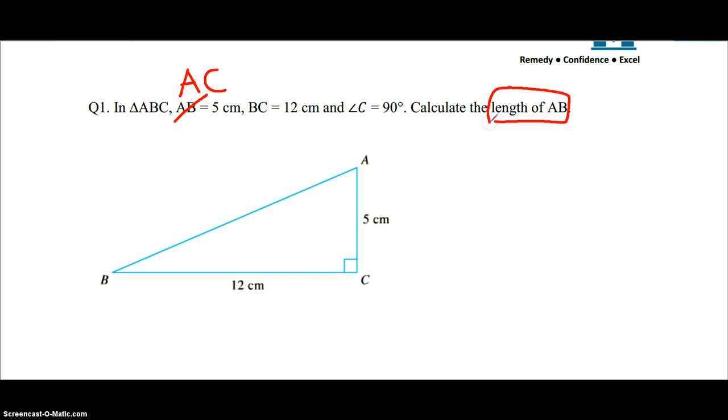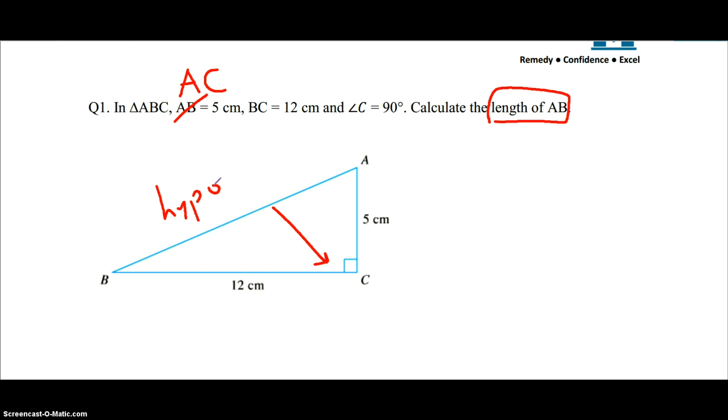If you look at AB, it's directly opposite the right angle, and so this side AB is also known as the hypotenuse. I'm just going to write in short, hypo.